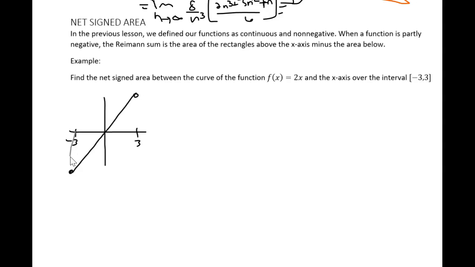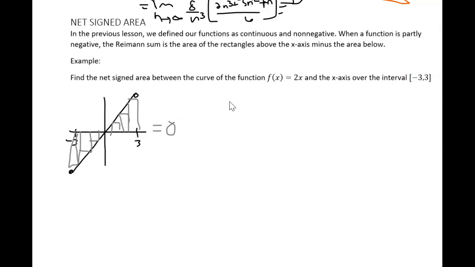So when we find our area, we're going to do an area under the curve here. Sorry, those are poorly drawn. And we're going to do an area under the curve over here. And those areas are going to be equal and opposite. And so when we go to find this area, it's actually going to be 0.